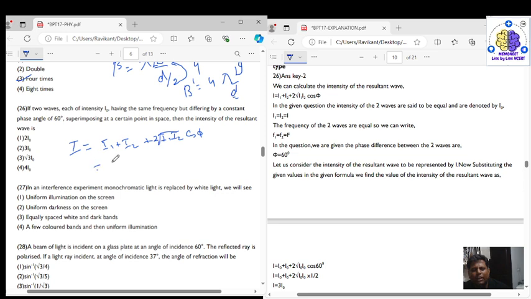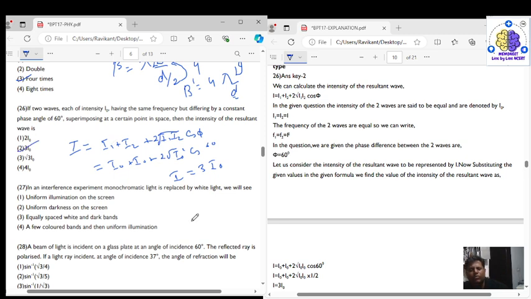Here I1 and I2 are the same, so we write it as I0 plus I0 plus 2 root I0 square into cos 60, right? Solving this we get I is equal to 3 times I0. So the correct answer for this question is 3 I0, which is option 2.